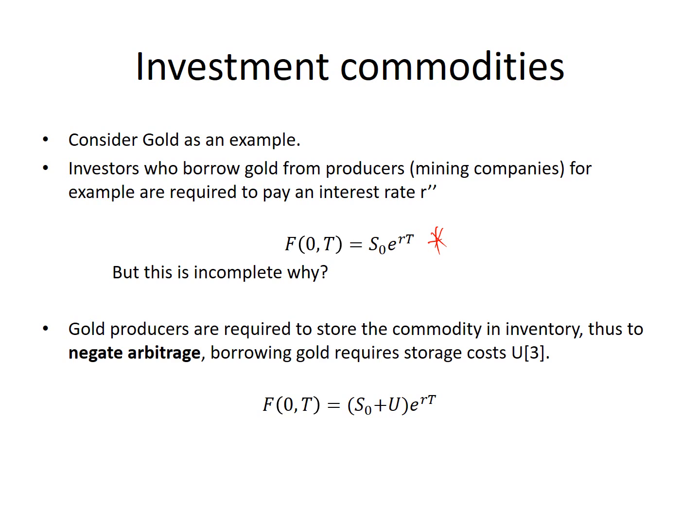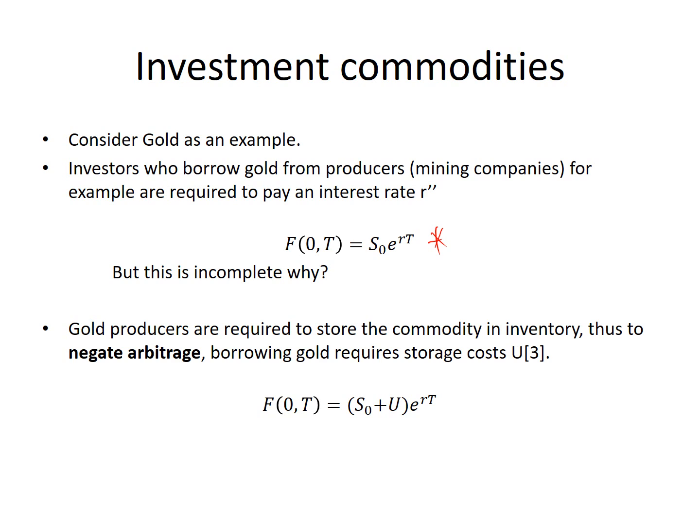Now, if you think of it, if we don't include storage costs that the short holder has to pay over that time period, then this will benefit the long holder, because our future price will be overpriced, and our long holders will be able to exploit arbitrage from this opportunity.